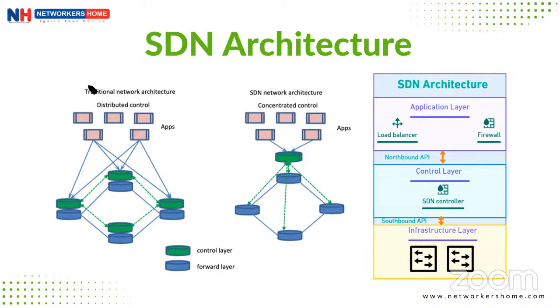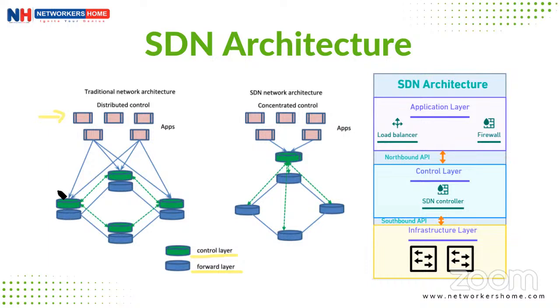See, traditional networks have devices with a control layer and a forwarding layer, meaning each device has three planes. So we need to configure each device separately, and each device receives data on its interfaces and then forwards this information to other devices.